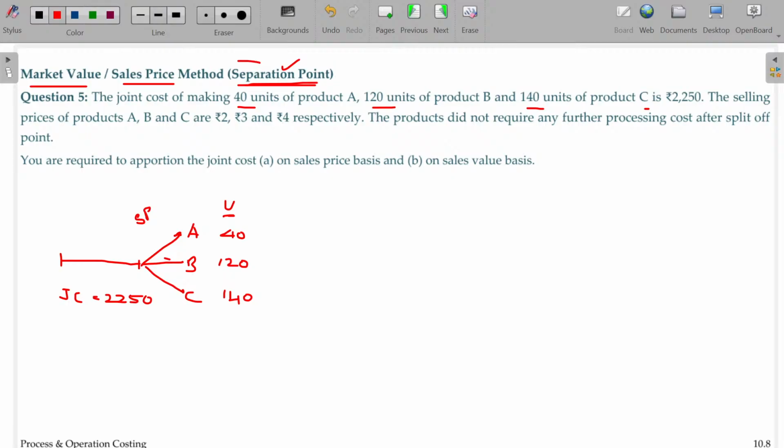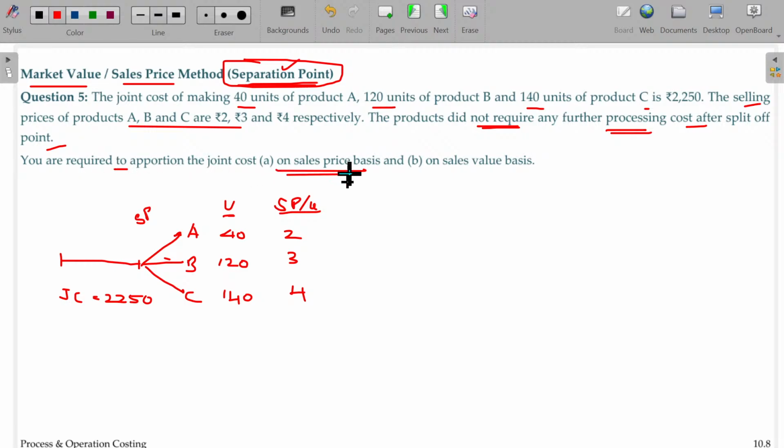Here the sales price at the separation point is going to be considered. The selling price per unit of A, B, C is 2, 3 and 4. The products did not require any further processing, meaning immediately after the split-off point they are sold. You are required to apportion the joint cost on sales price basis.